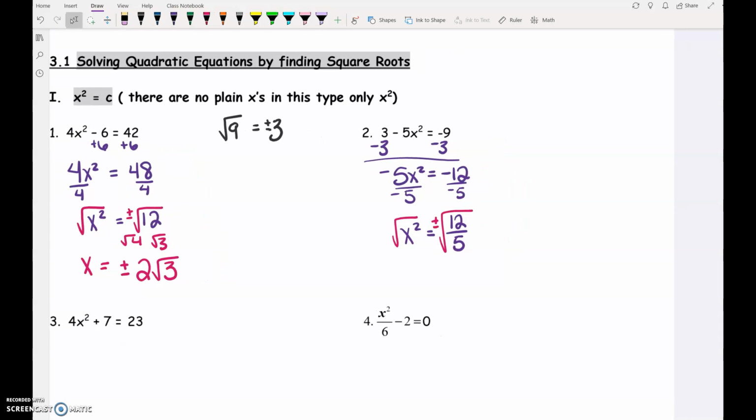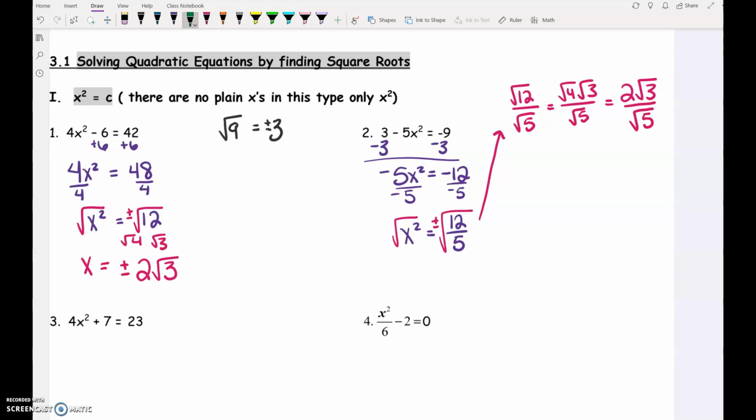So off to the side, I would think about the square root of 12 over the square root of 5. I can simplify the square root of 12. We just did that in example 1. So I have 2 times the square root of 3 over the square root of 5. Can we leave our answer looking like that?